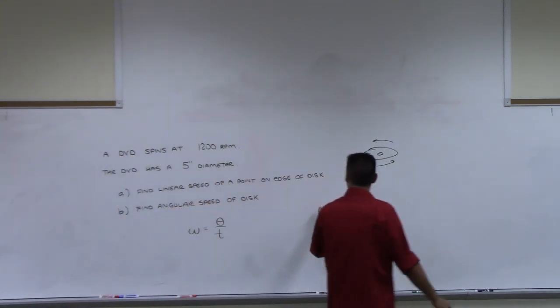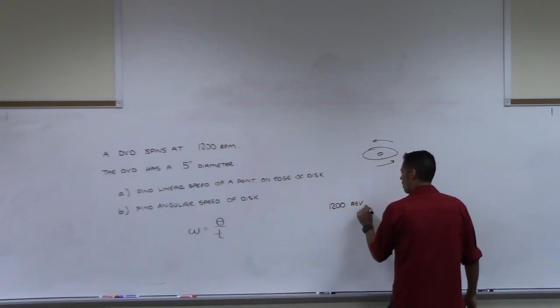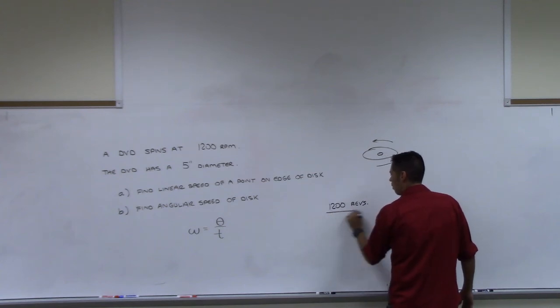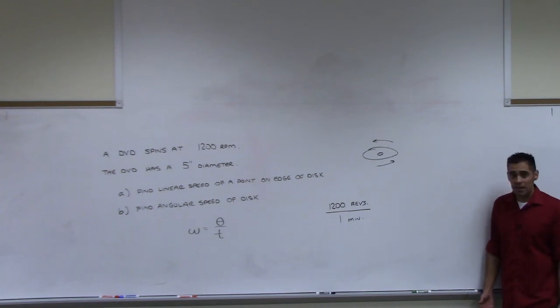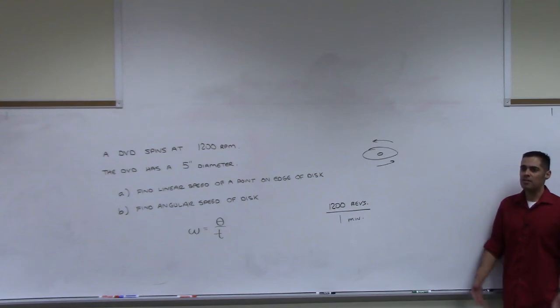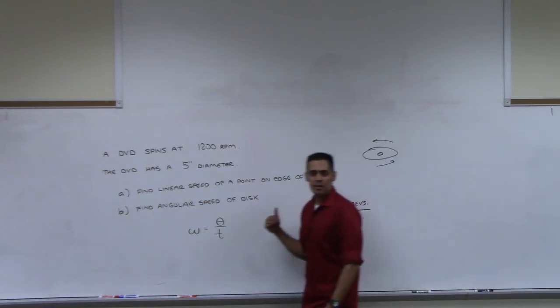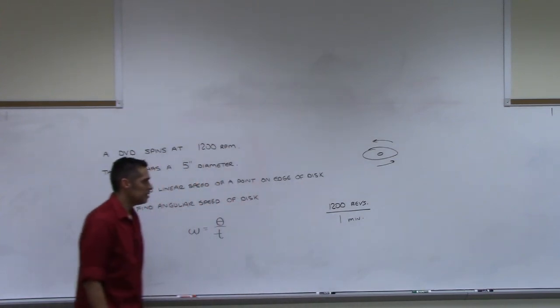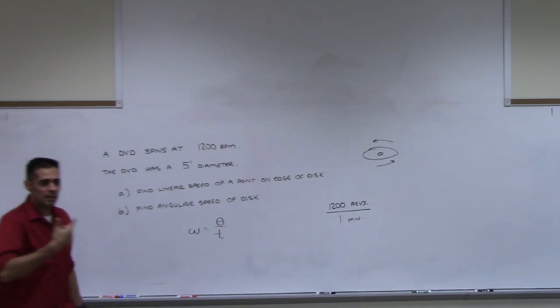So I know I'm going 1,200 revolutions, I'm going to put revs, per 1 minute, right? The only thing you have to do is convert that into either degrees per minute or radians per minute. And it's your choice. I think you should go with radians because linear speed uses radians, so radians is probably a good thing. So each revolution is how many radians? 2 pi.